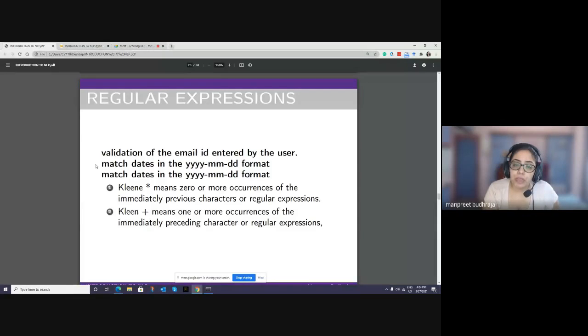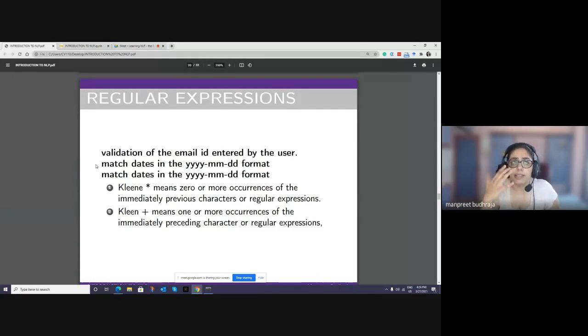And in regular expressions you have star, which means zero or more occurrences of the immediately previous character. Regular expressions support \d*, which means zero or more digits.